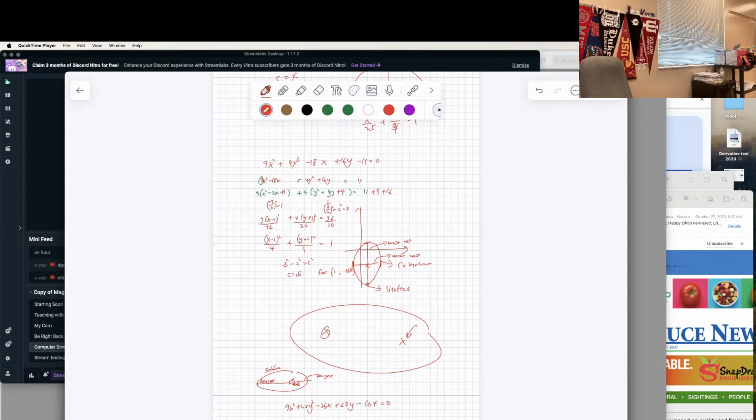So the center is x 2, minus 1, and the foci are 2, 1 plus or minus 4. Look, this is the focus right here.